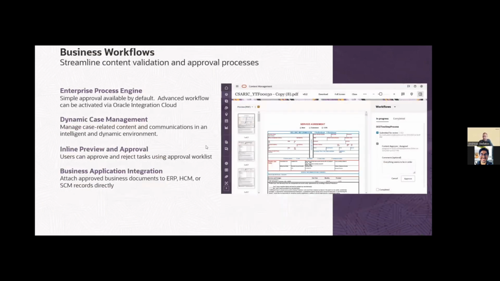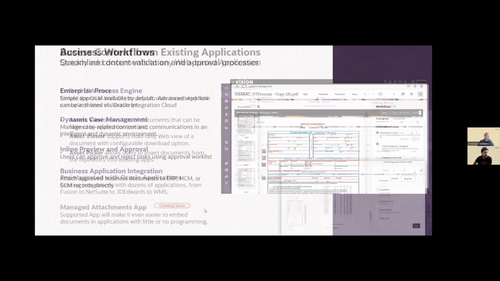But guess what? We also use a workflow engine, a business process management engine like Process Cloud, which is part of Oracle Integration Cloud. And what we showed you was plug and play, because we basically registered the Integration Cloud process and we reused workflows from that Integration Cloud instance in our use case.